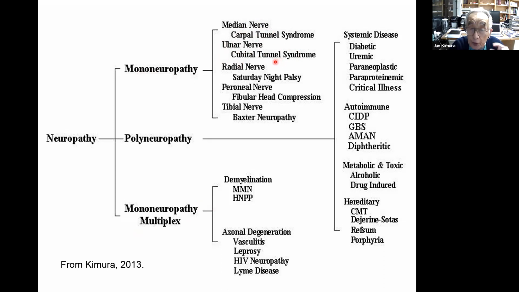These are very short segments. In fact, I'll show you later that the compressed segment is less than 1 centimeter in any case. So these are very focal lesions. And the same with mononeuropathy multiplex. This is multiplex, so there are many compression sites, but each one of them is focal, right? So that is a characteristic.